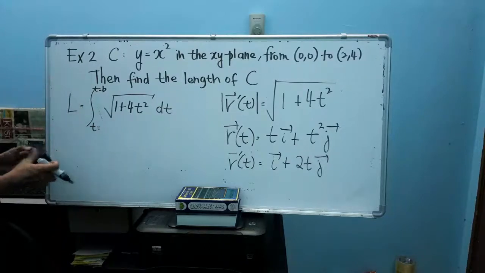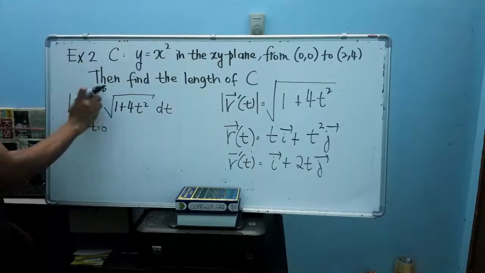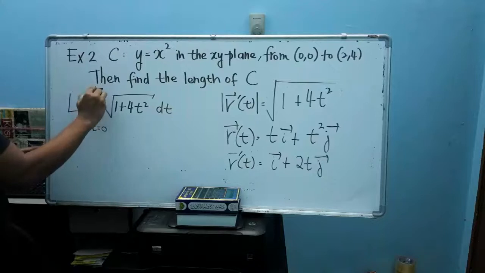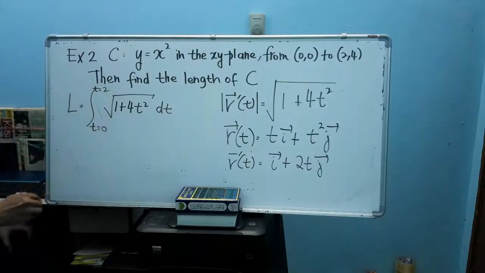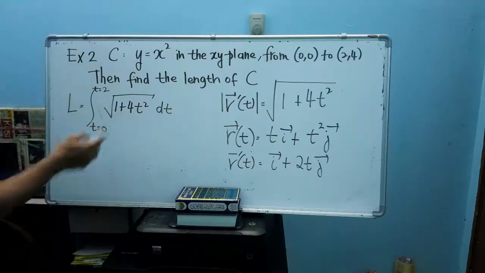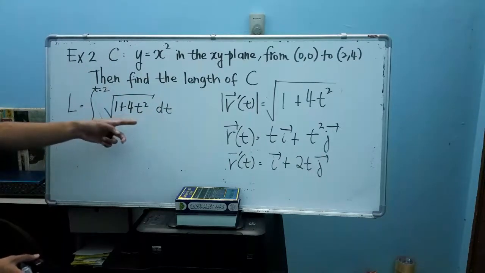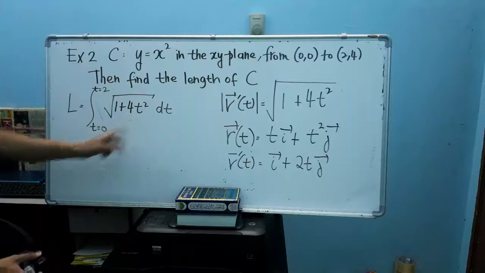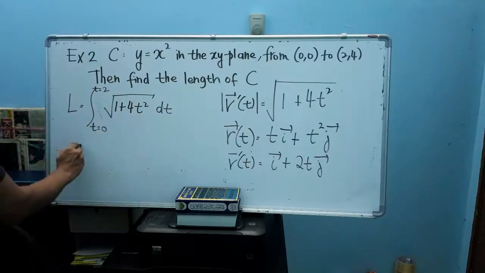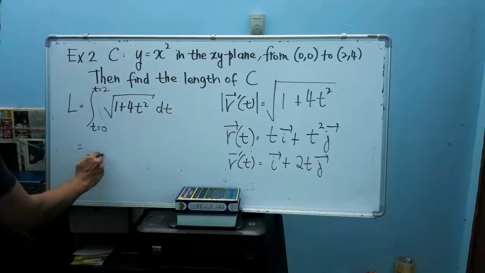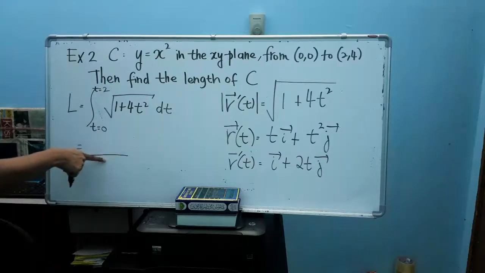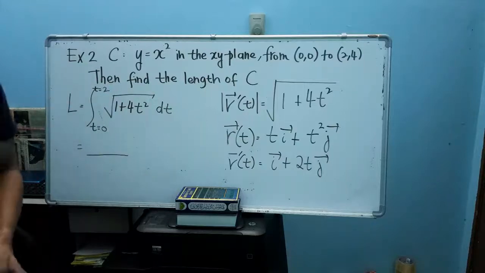Therefore, the limit of integration here is from 0 until 2. I just leave it for you to calculate this integration. I would like to ask you to recall how to calculate the integration of this function. The final answer will be the length of C in example number 2.